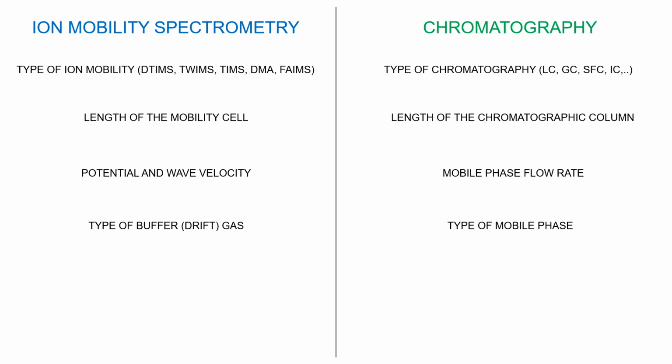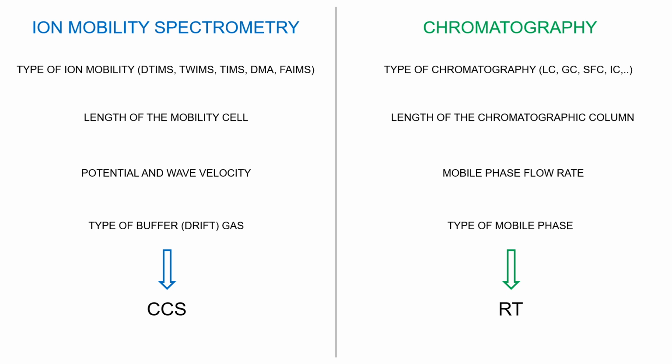In a traveling wave, for example, the potential and wave velocity can be the mobile phase flow rate, and the type of buffer gas can be viewed as the type of the mobile phase, leading to a CCS and a retention time.